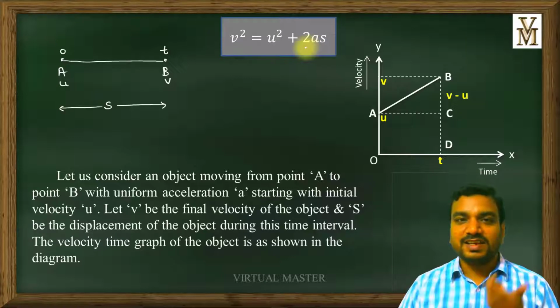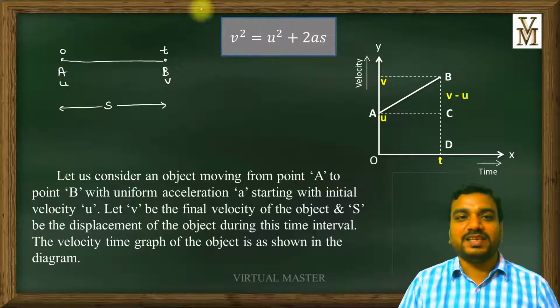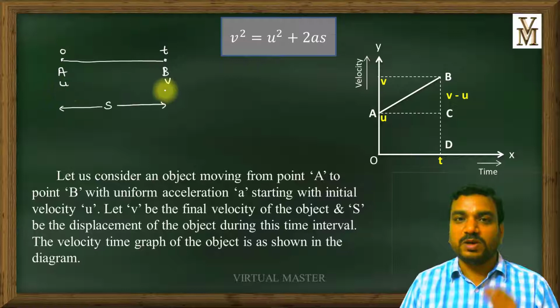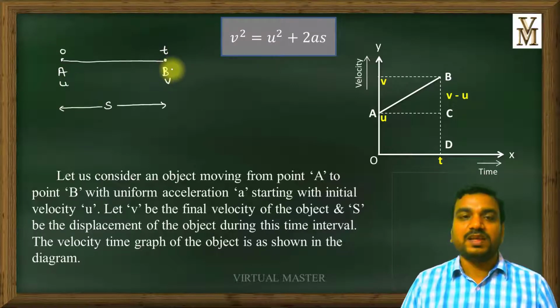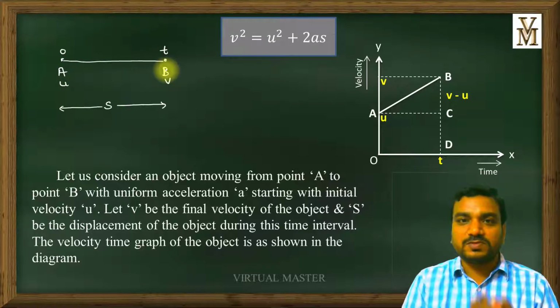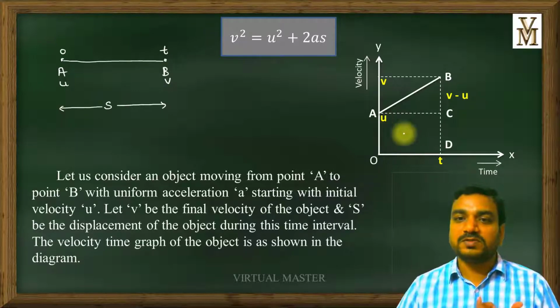To derive this equation, let us consider the same example, that is an object moving from point A to point B, starting with an initial velocity U and reaching point B with a final velocity of small v, taking time t seconds to reach point B. Let S be the displacement of the object from point A to point B. If we draw the velocity time graph of the object, we get a curve which is shown in the diagram. I have already explained how to get this diagram, so I am not going to repeat it.